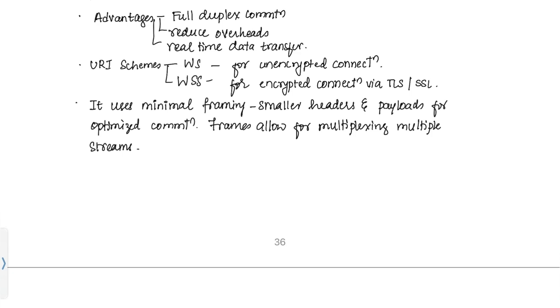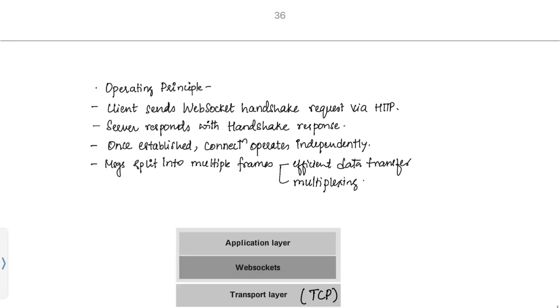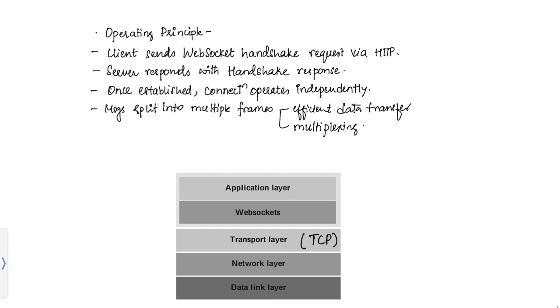So next, it makes use of minimal framing. So small headers and payloads are present here for optimizing the communication. So here frames will allow for multiplexing the multiple streams, thereby avoiding larger payloads and other complex situations. Looking at the operational principle here, firstly the client will send a WebSocket handshake via HTTP.